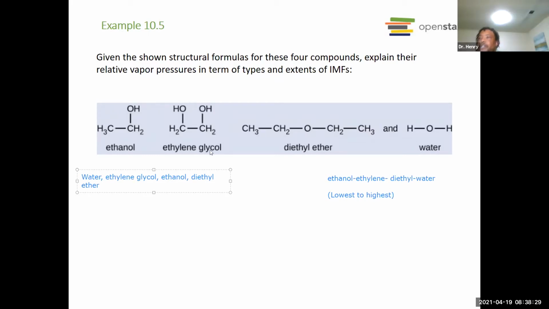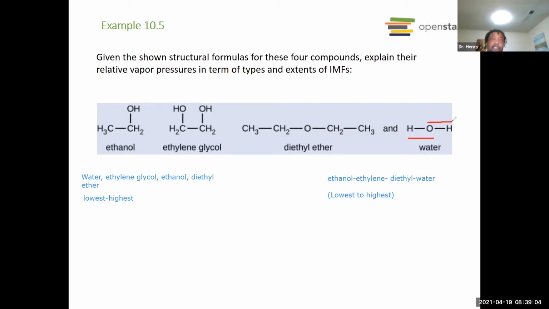Okay, so we said that intermolecular forces are going to play a part in it. Now let's think about the logic first. So water is able to form hydrogen bonds. Hydrogen bonds are a lot stronger than dispersion forces, right?